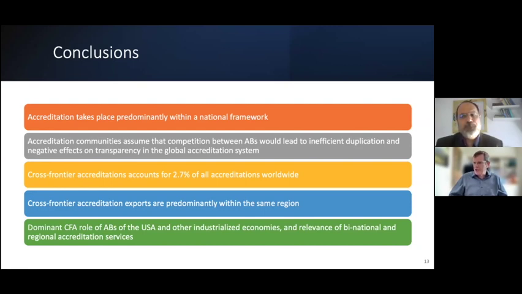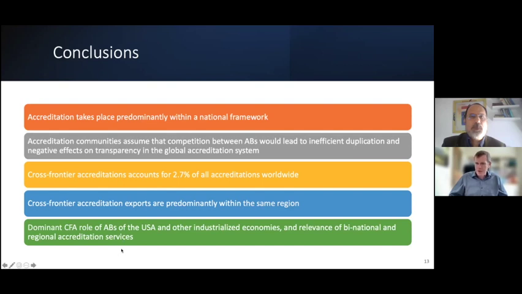That cross-border accreditation is 2.7% of all accreditation worldwide. When we are looking at this, it's predominantly, as Andrés already stated, within the same region, and we have a dominant role of certain accreditation bodies, especially the United States of America and other industrialized countries.